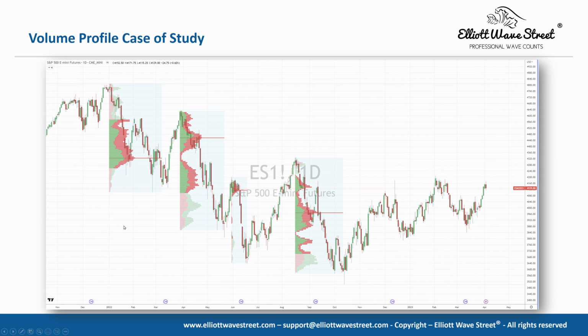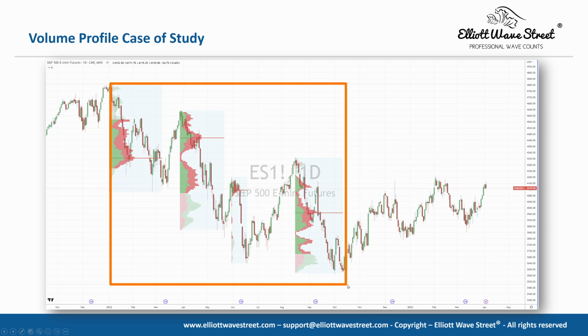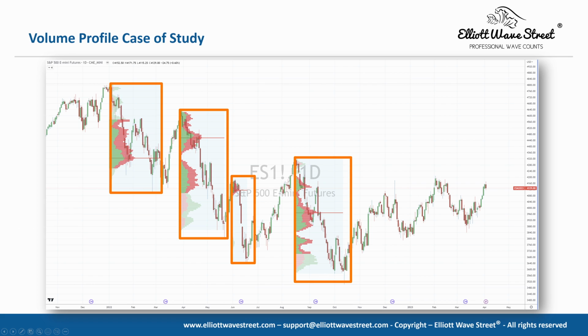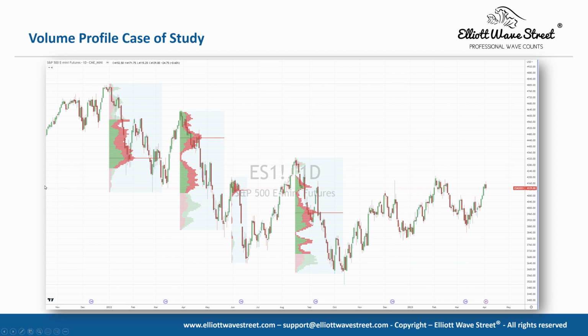Look, so now on the previous chart, we were doing the study from the high to the low, the entire cycle. Now I'm doing individually each of the swings to the downside, right? So look, we can do a lot of things with this information.